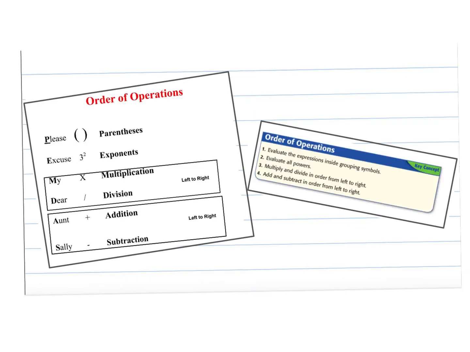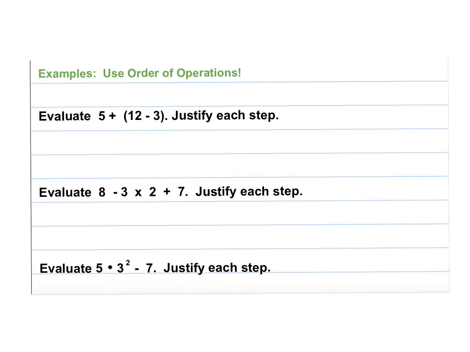Here's just another way to write down order of operations, and just remember that multiplication and division are the same step, addition and subtraction are the same step, you just go left to right. So if subtraction comes first and then addition in the problem, you solve it in that order instead.